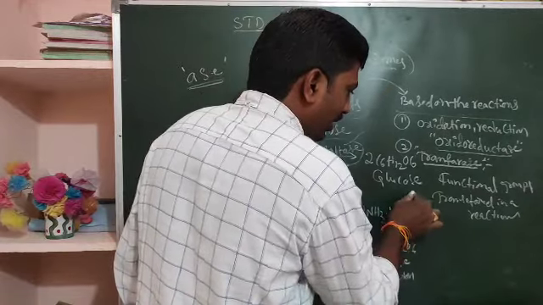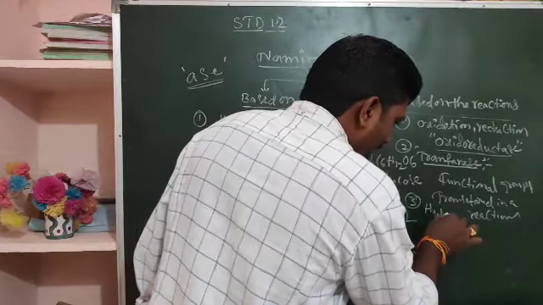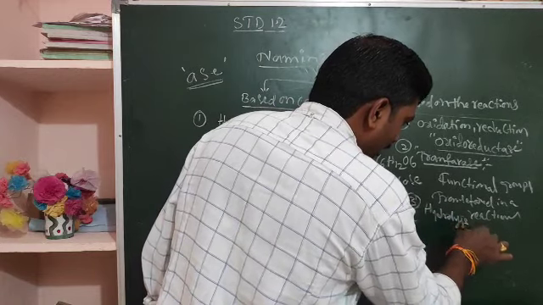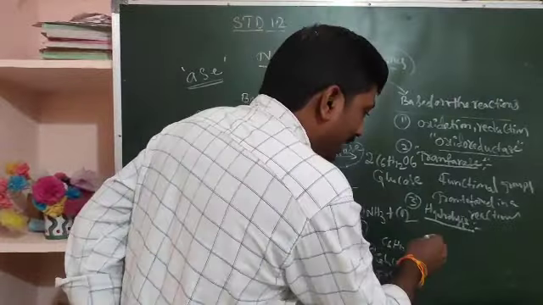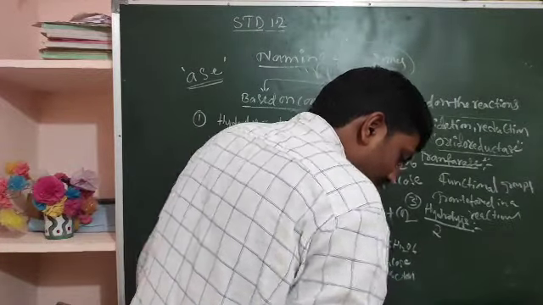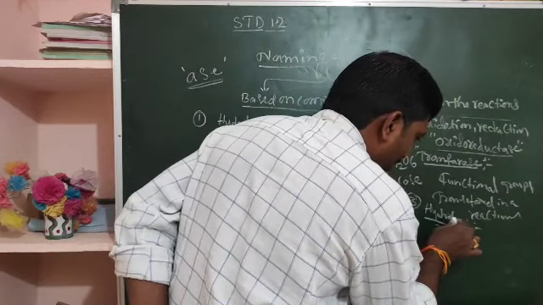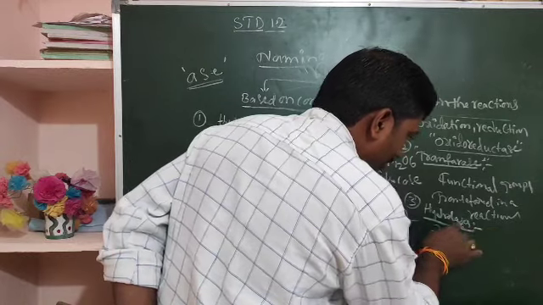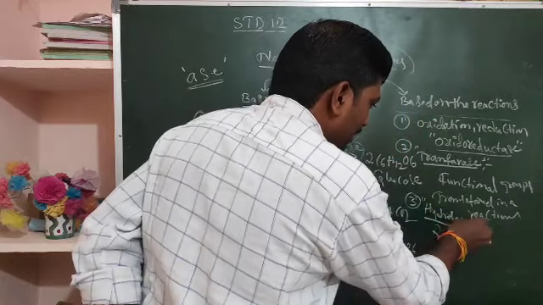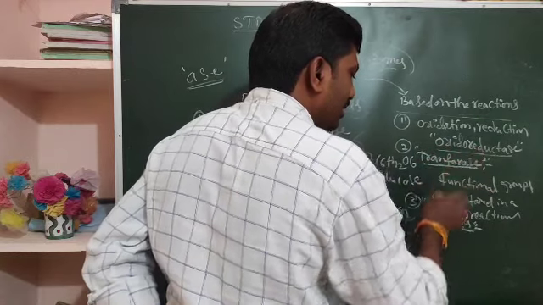Next, the third one is hydrolysis. What does hydrolysis mean here? Hydrolysis is only an enzyme name. This is an enzyme, this is also an enzyme, transferase is also an enzyme, oxidoreductase is also an enzyme.